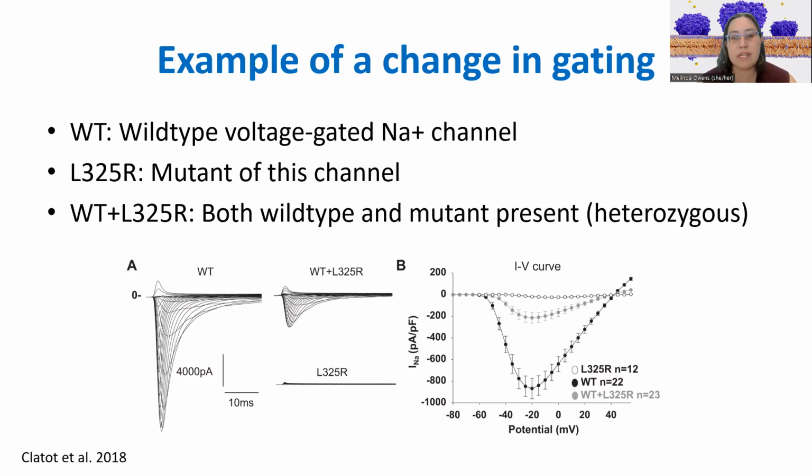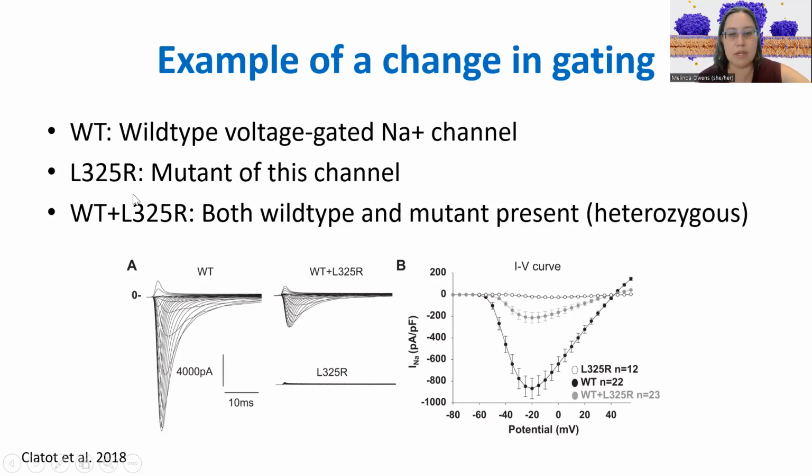So here is an example of how you can use this technique to understand how different kinds of mutations affect a channel. In this case, there was a mutation, and this mutation is associated with some disease. I don't remember. Okay, so this is the wild type.